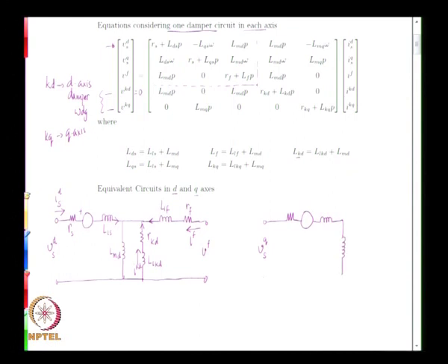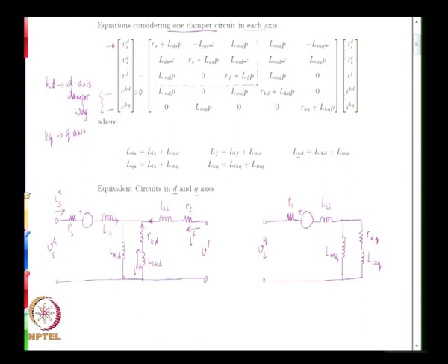This is the magnetizing inductance along the q axis. Unlike the D axis, there is no field winding, there is only a damper, and that can then be represented in this manner. So, you have RKQ and then LLKQ, this is LMQ, this is LLS, RS, and then your induced EMF.